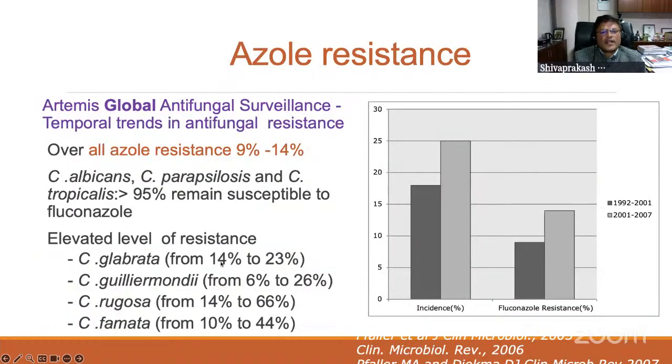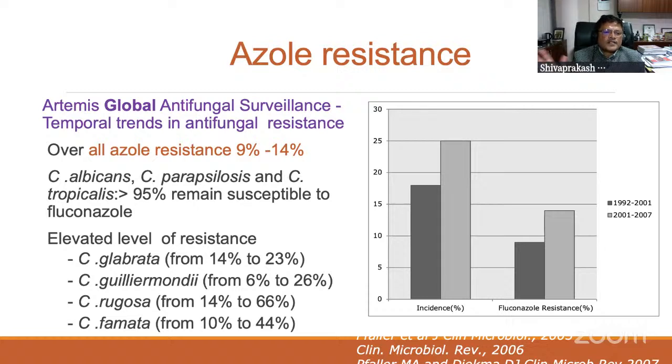There is also elevated resistance in some species: Candida glabrata, Candida guilliermondii, Candida rugosa, and Candida fermentati. Most of the time, azole resistance is lesser in Candida albicans, parapsilosis, tropicalis. But recent studies, our nodal center study and ICU studies, show that Candida tropicalis resistance has increased up to 15%.